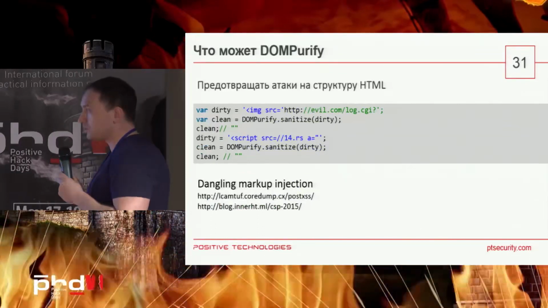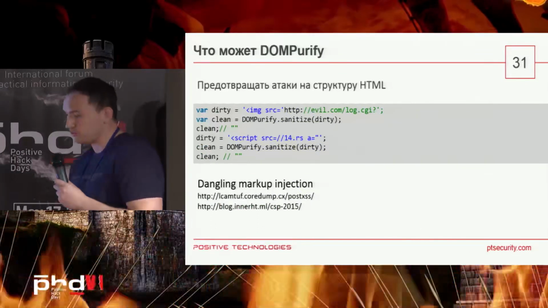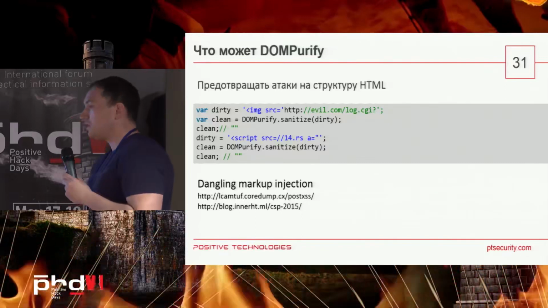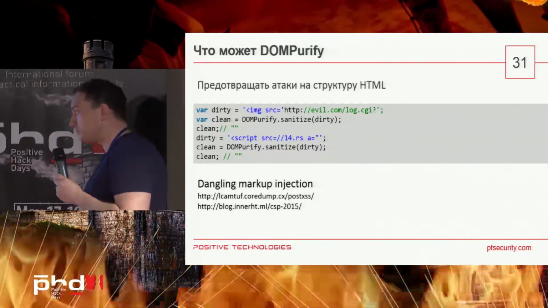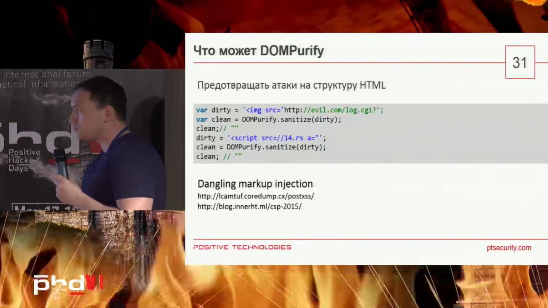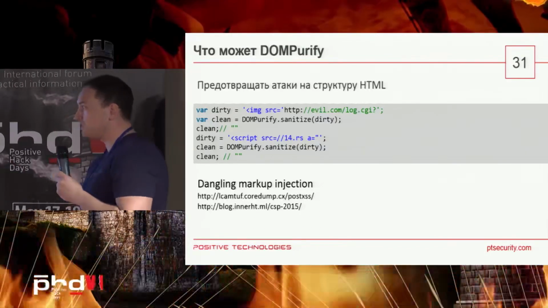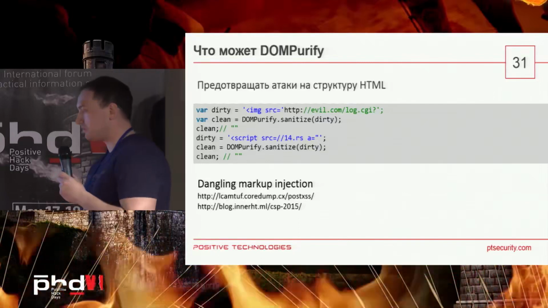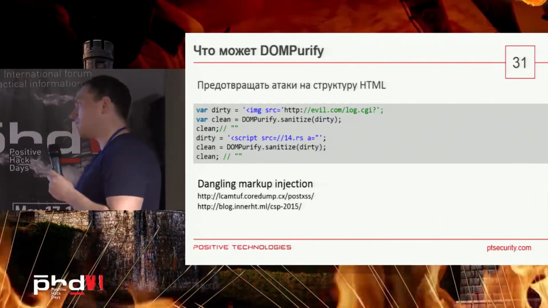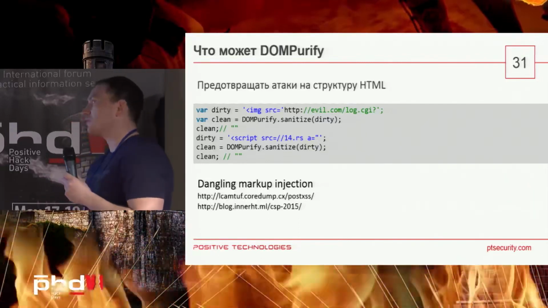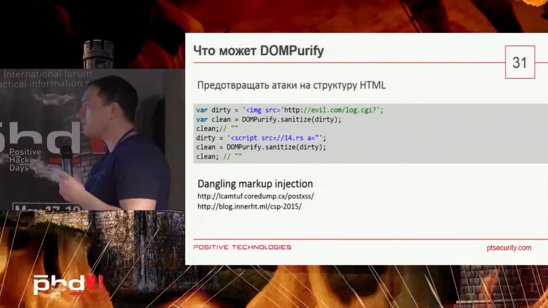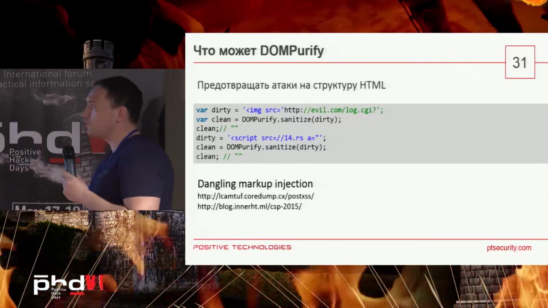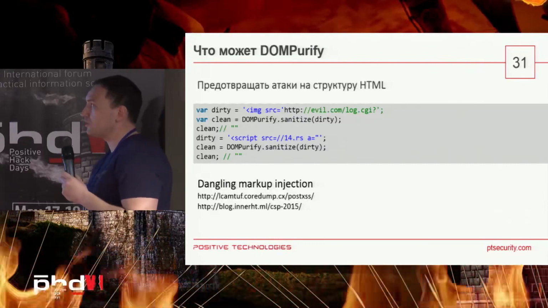Another important point is preventing attacks against HTML structure, which is a very interesting attack. Zalewski described it perfectly well. If you follow the second link, you will find very interesting information there, and file descriptors, and examples of how it can be used in Twitter.